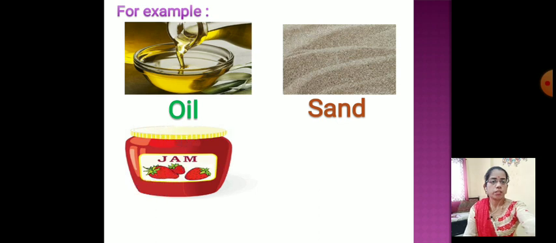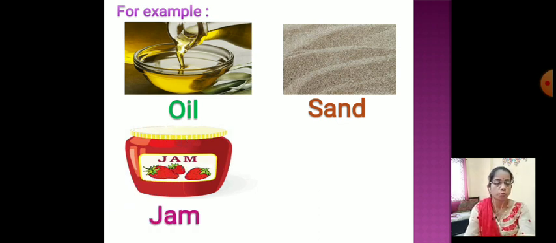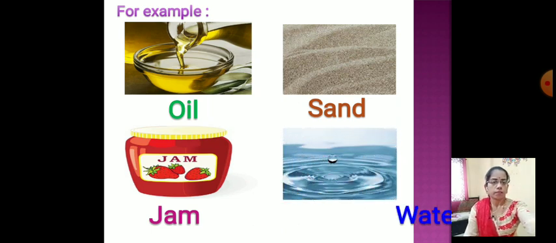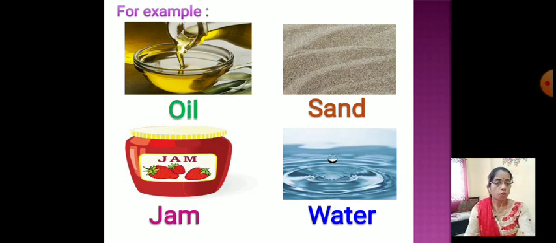Next one, jam. I know that you all students love to eat jam, right? But jam we cannot count. So jam is included in the uncountable noun. Water. Water also we cannot count. So water is included in the uncountable noun.